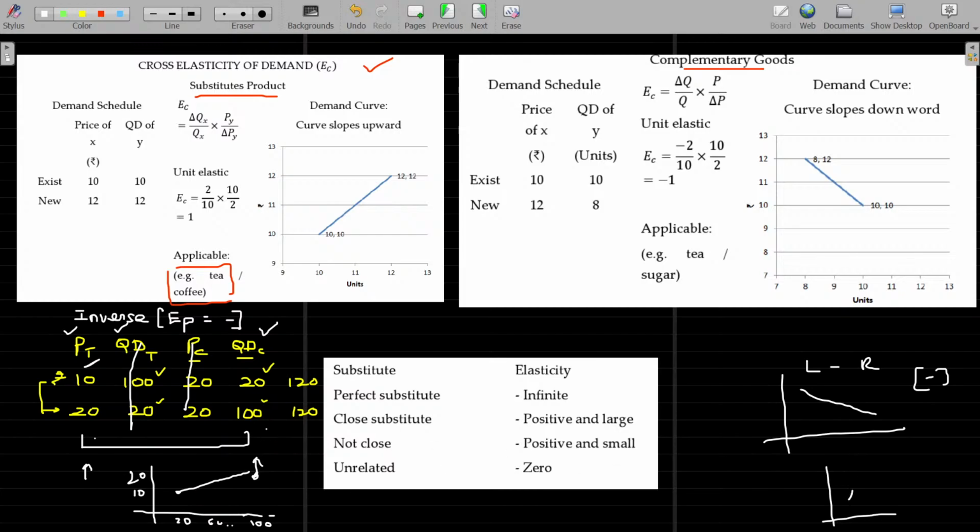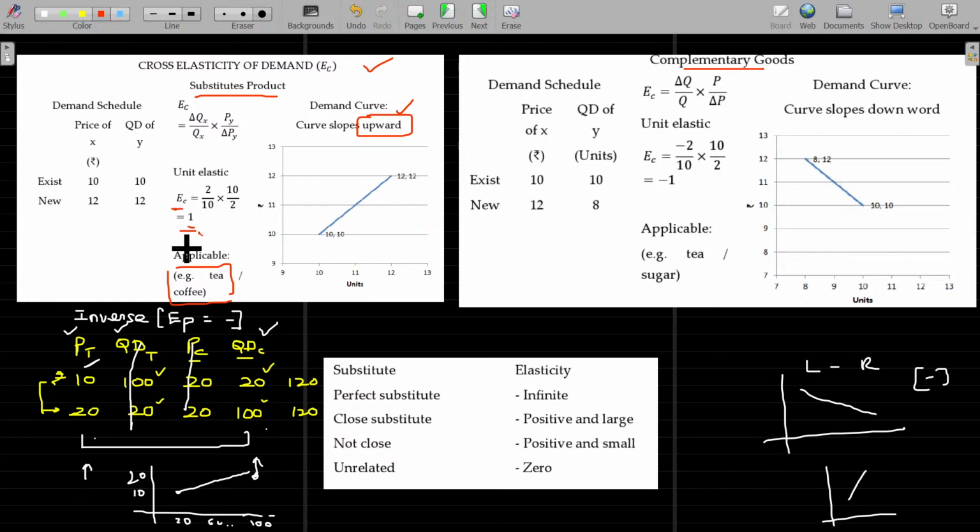The diagram will be just opposite. Is that okay? The demand curve slopes upward, not downward. So you have to keep this point in your mind. Always this will be positive. The elasticity of demand with respect to the price of the related commodity, meaning the substitute commodity, will always be positive.